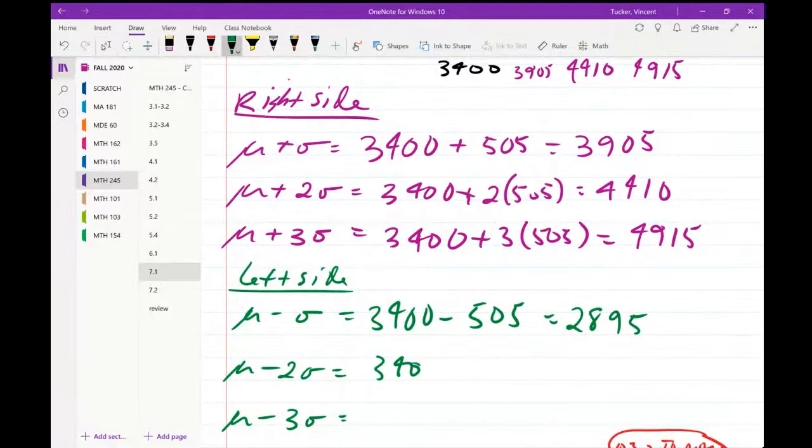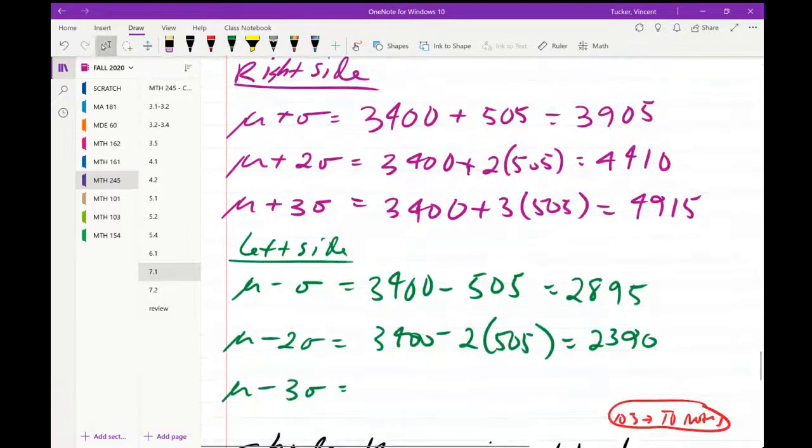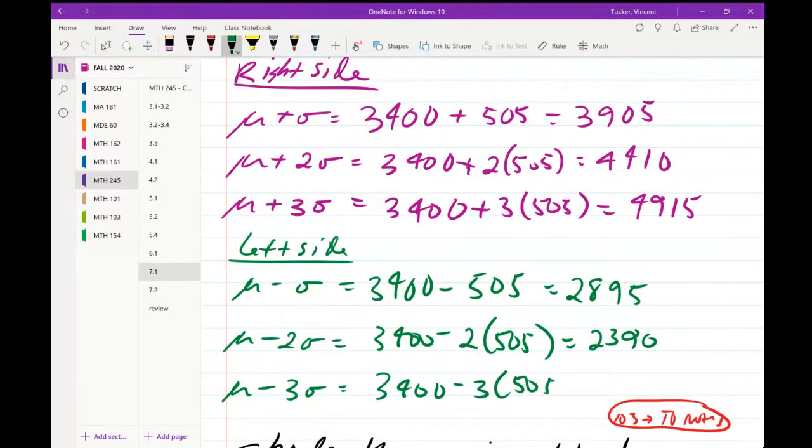Then 3400 minus 2 times the standard deviation is 2390. And then subtract it one more time, that would be 1885.